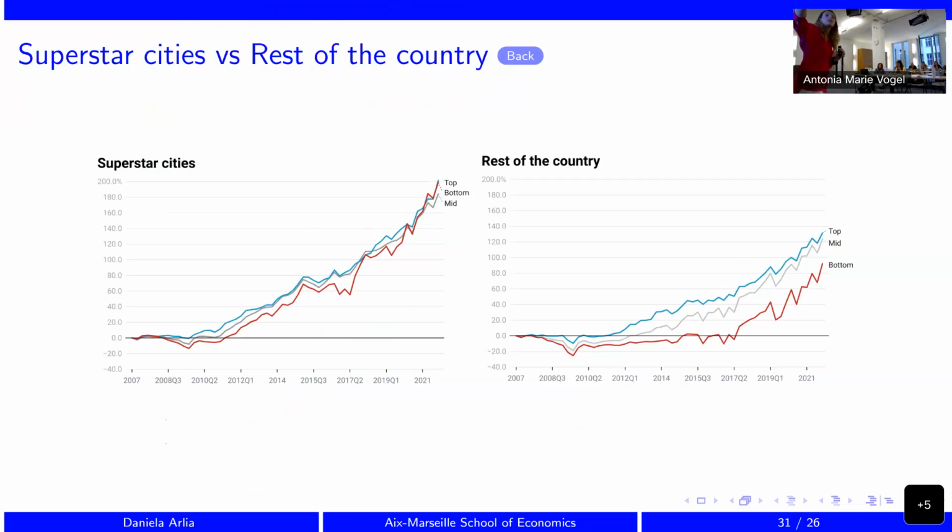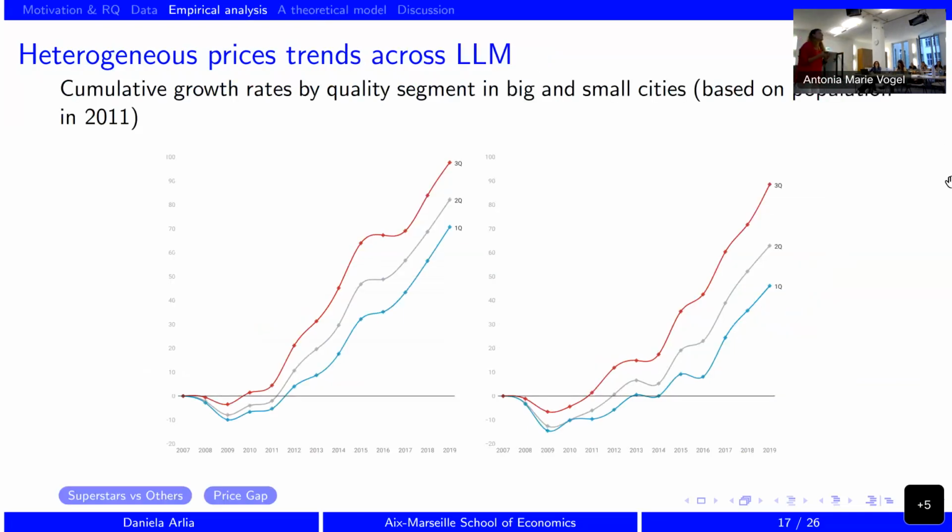So you can really see that the bottom part of the price distribution increased as much as the top part of the distribution. And this means that the housing market in big cities is more homogeneous in terms of prices today than it was at the beginning of the period of observation.